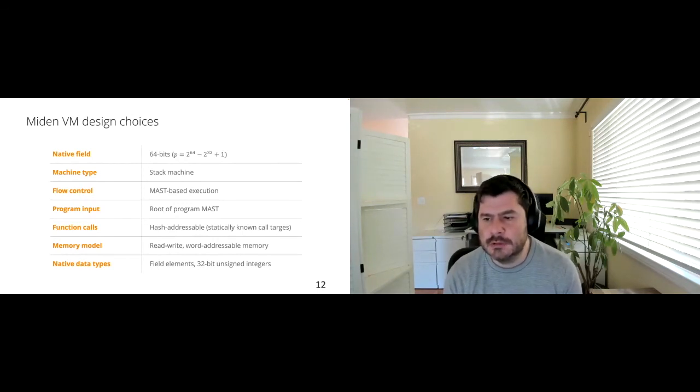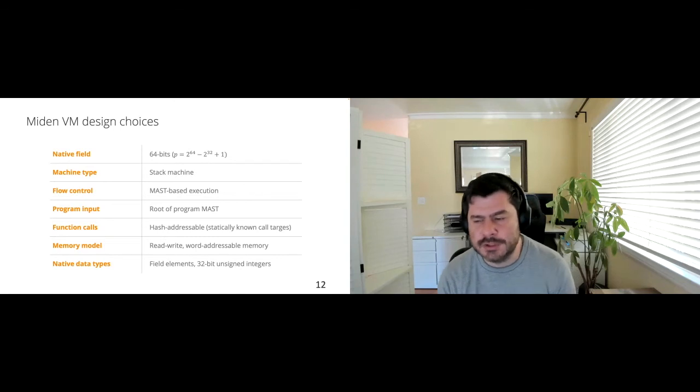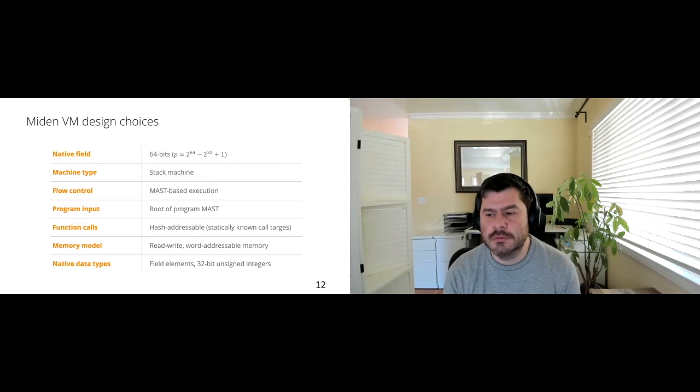Program inputs, and this is related to this mask-based representation of programs, is basically the root of the program's Merkleized abstract syntax tree, and again I'll cover it shortly. And this also flows into how to do function calls. In usual architectures, you do function calls by starting to execute instructions from a new place in memory or something like that. Basically, you move the instruction pointer to the beginning of the code that describes the function.